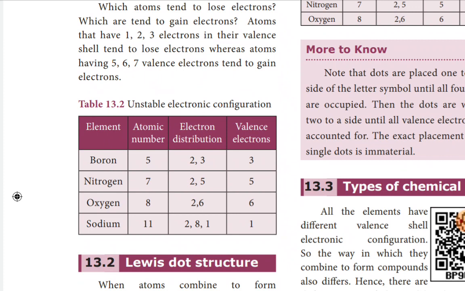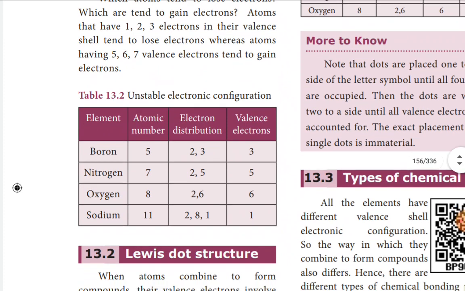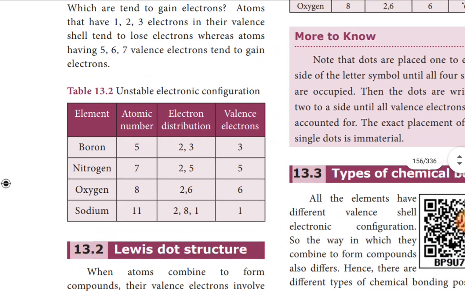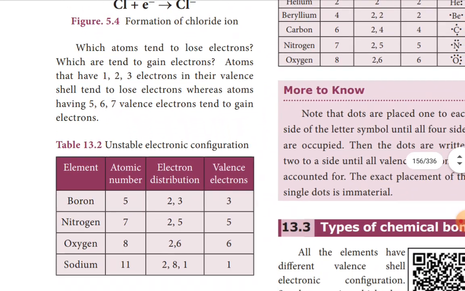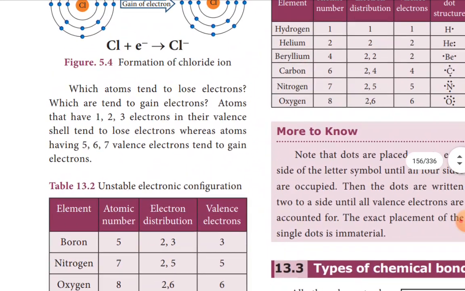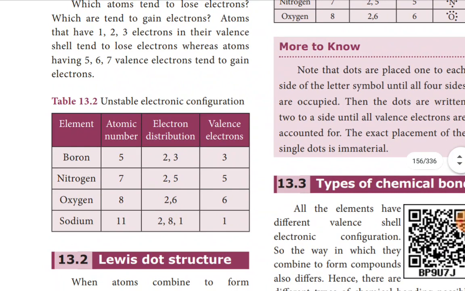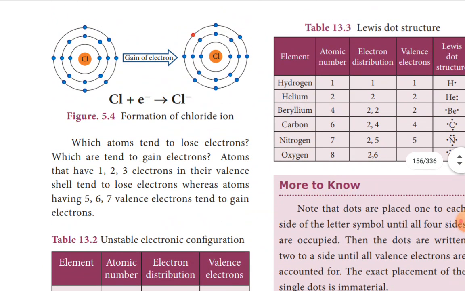Nitrogen, 2, 5, is going to gain electrons. Oxygen, 2, 6, has 6 valence electrons in the outermost shell, so it is going to gain 2 electrons to satisfy the rule of 8. Sodium, 2, 8, 1, has only 1 electron in the outermost shell, and it is going to lose that 1 electron to the combining atom to form a stable electronic configuration. In this way, bonding is possible.